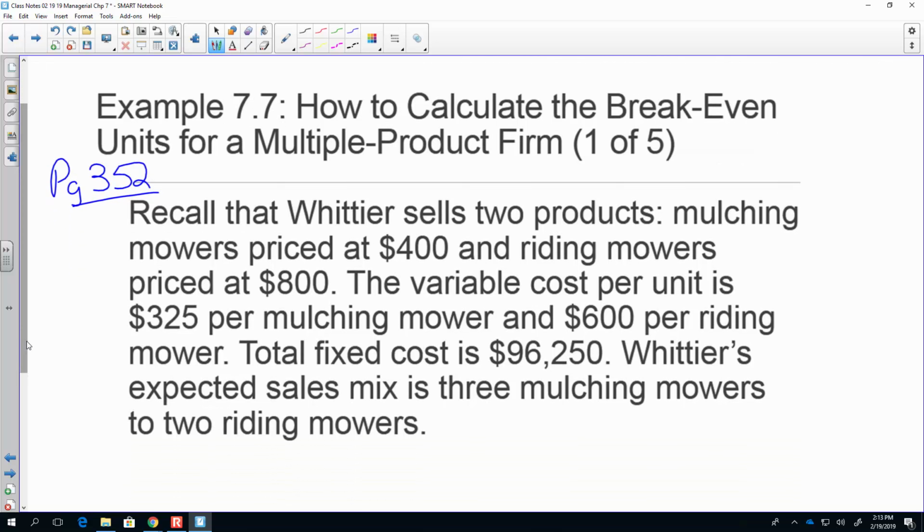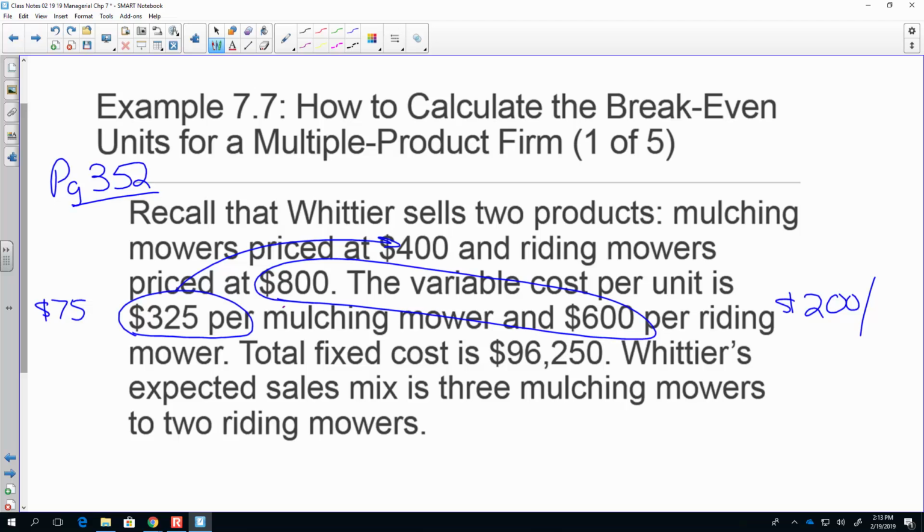The mulch mower is priced at $400. The riding's double at $800. But look at the variable cost, right? So I'm making $75 on every mulch mower. And I'm making $200 on every rider.